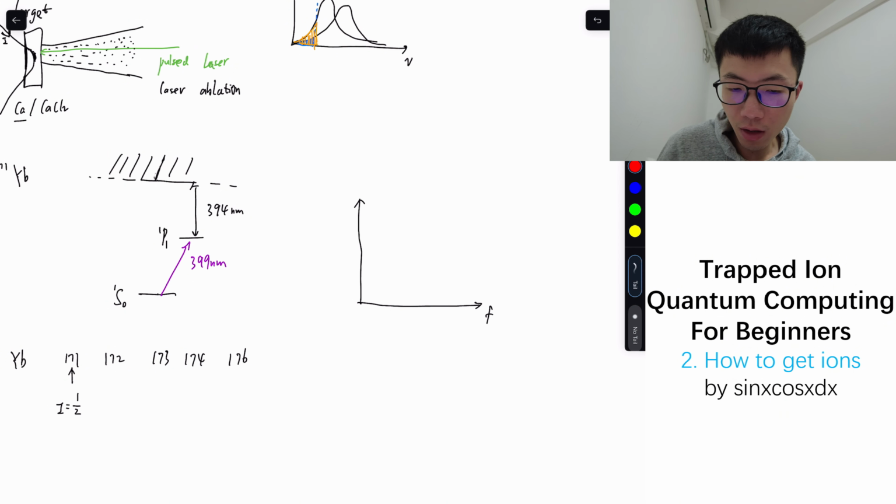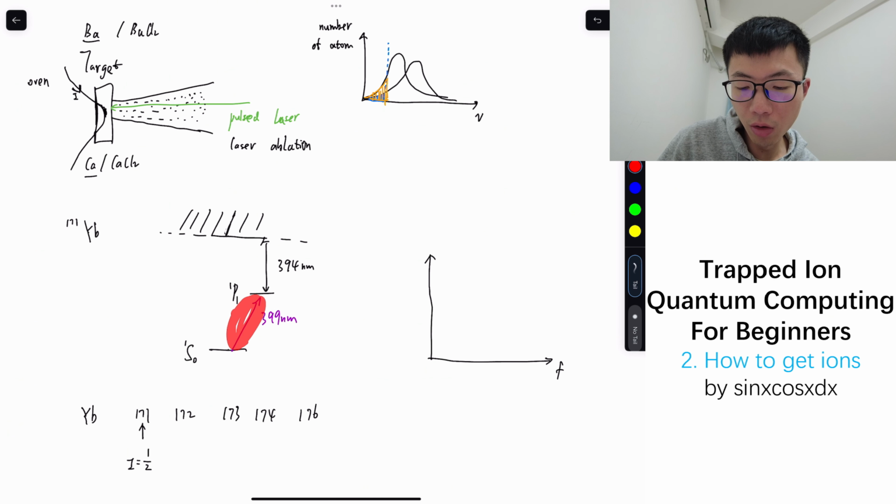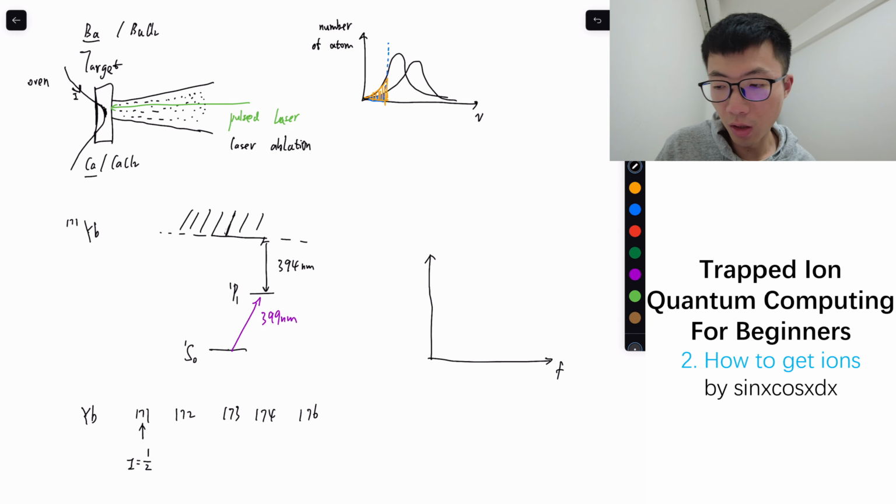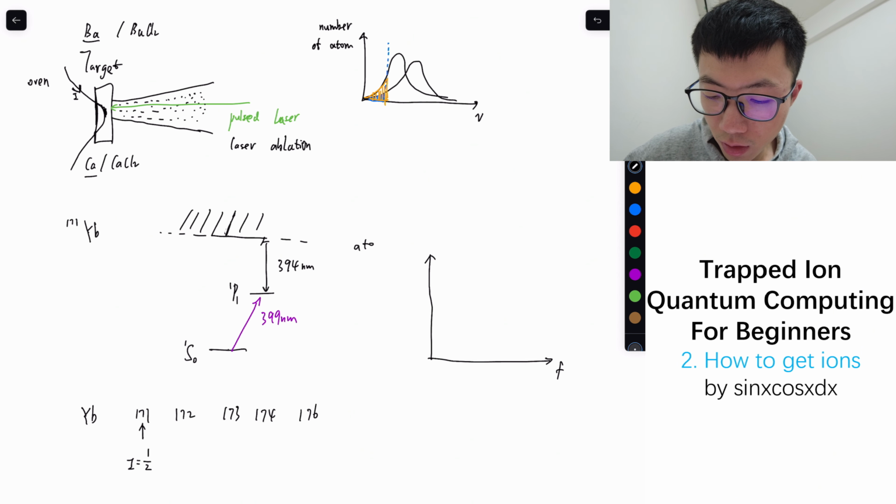The atoms will go on this transition, and then they also have spontaneous emission, which could be collected by the imaging system we built, and then we will see a fluorescence from the atoms, which is called atomic fluorescence.